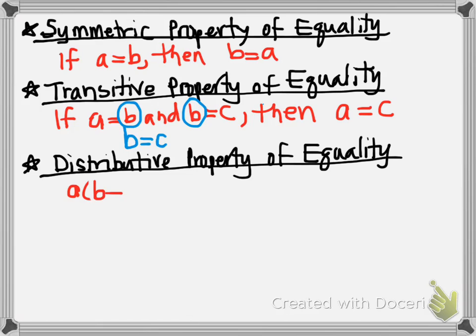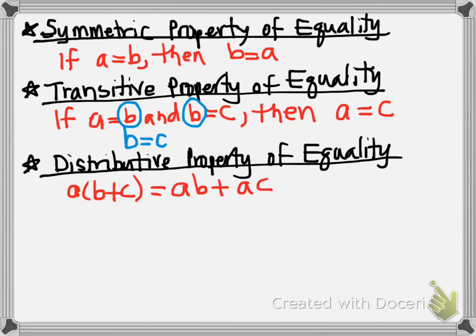A times the quantity B plus C is equal to AB plus AC. So anytime you need to get rid of parentheses in a problem, we have to use the distributive property of equality. Okay? Alright, so now what we're going to do is talk about properties that just deal with congruence.